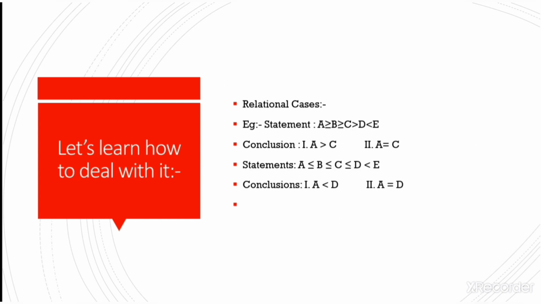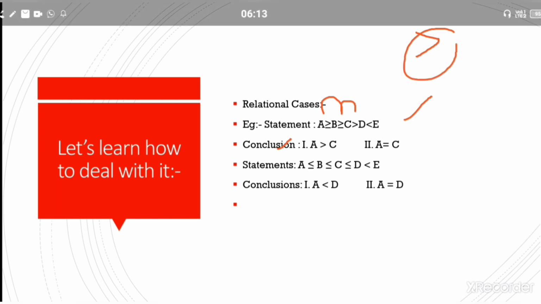So let's just learn how to deal with it with more examples. First one is A greater than C. We need to see the relationship in this particular statement. So you can see here guys, we can move from A to B and from B to C. But we do not have the greater than sign minimum one time. In both the signs we have greater than is equal to, but we do not have only greater than.